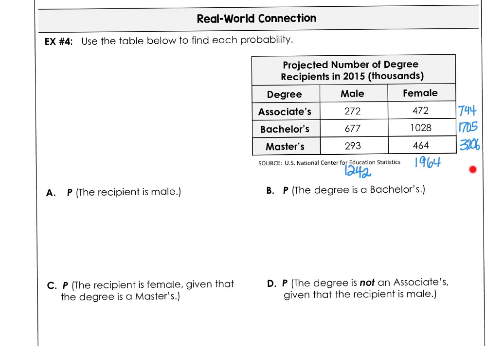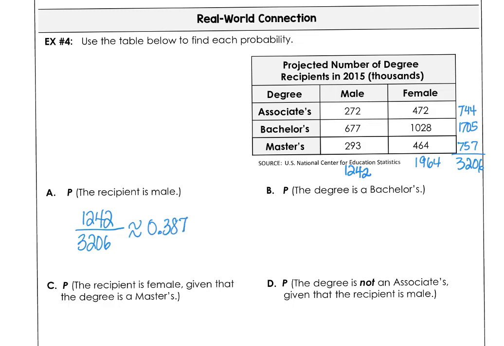So we need to add the row, add the column, and we find there are 3,206 people. So the probability the recipient is a male is 1,242 people out of 3,206 people surveyed, or about 38.7%.